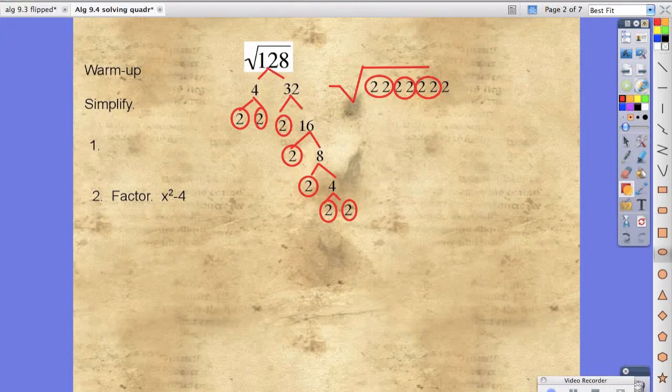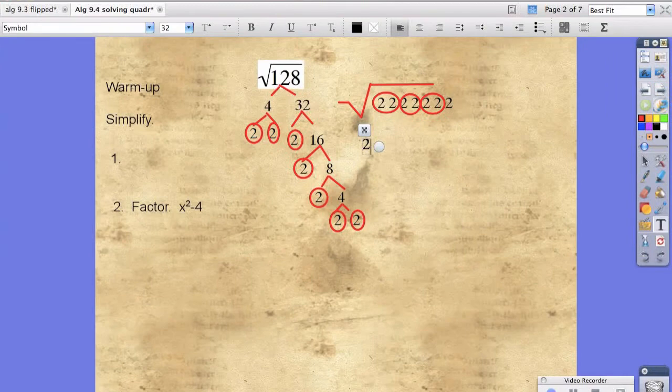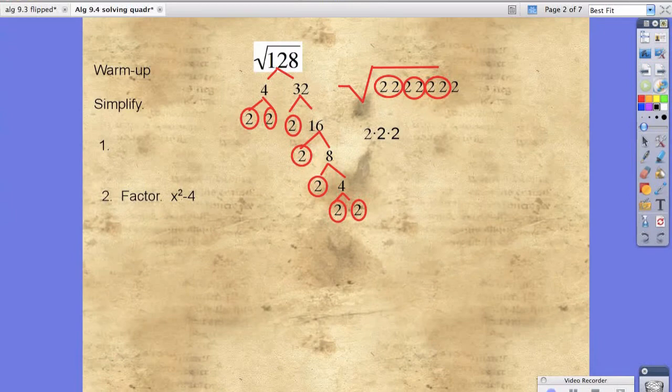So because we have 3 pairs of 2's, we can pull 1 out for every pair that we have. So that's 2 times 2 times 2, because there are 3 2's. However, we still have the 2's left over.